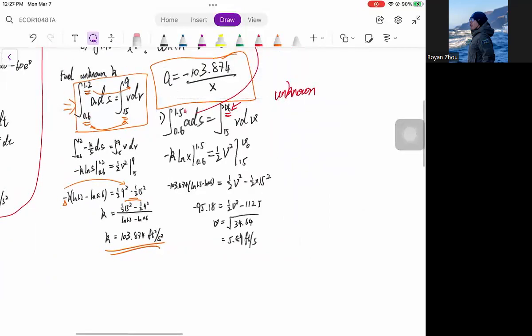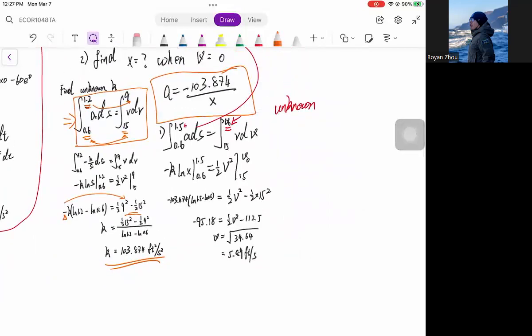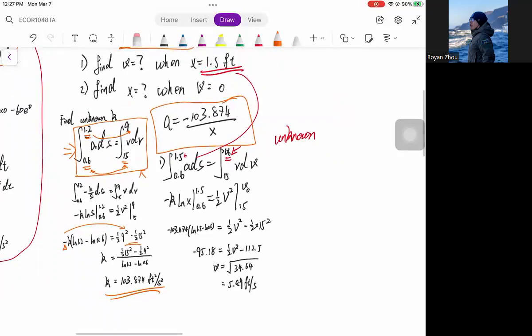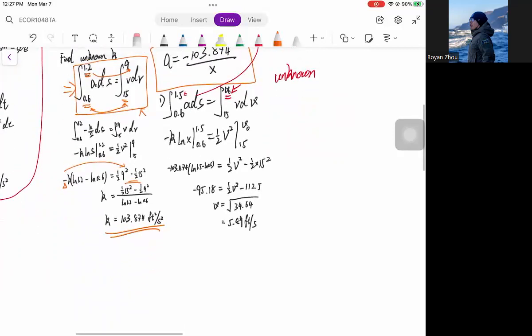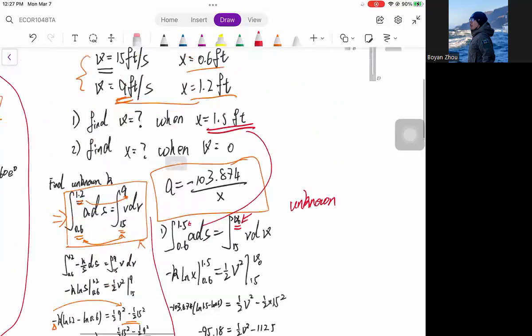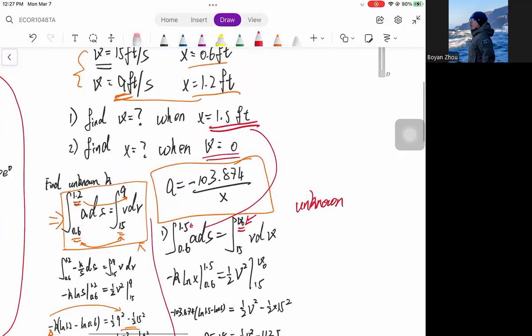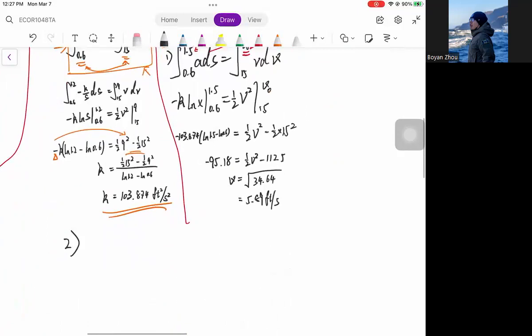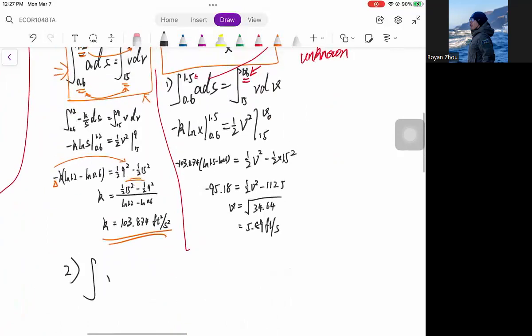Essentially, we're just using this formula, resetting the boundary, and then solving for the value we need. So that is the first one, and the second one is basically the same. In the second one, we know the velocity and we're looking for the displacement. The equation is not going to change, just the boundary is going to change a little bit.